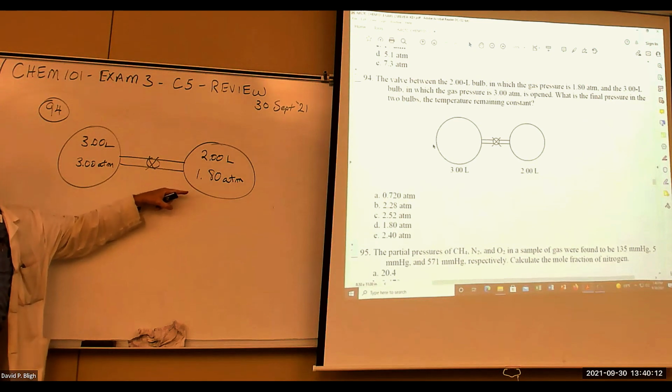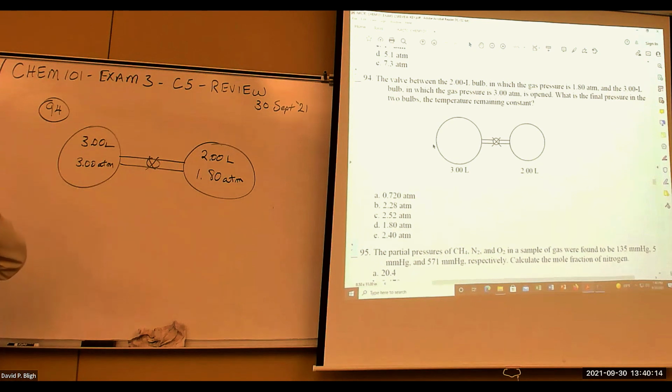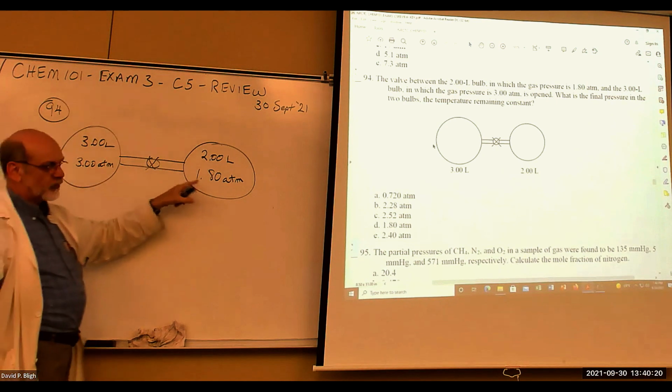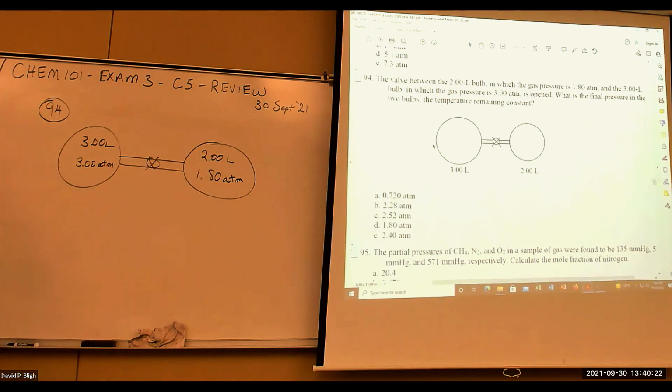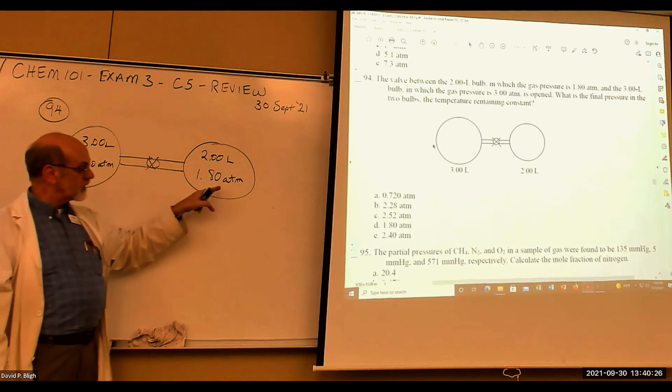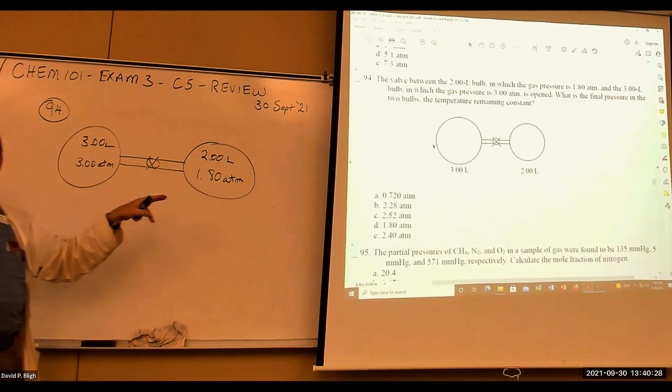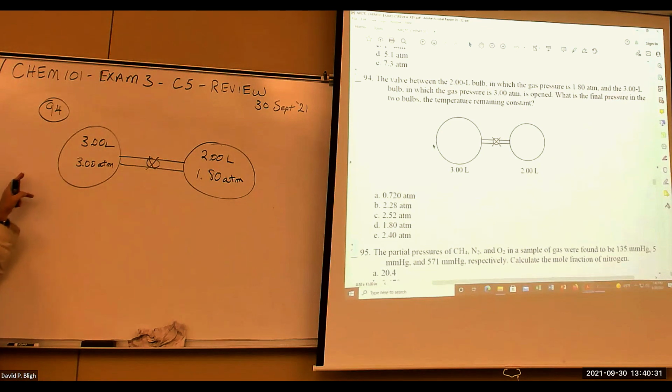High pressure to low pressure until it equalizes. So the final pressure, qualitatively speaking, should be somewhere between 3 and 1.8. If you work this problem the way I'm going to show you and get a value less than 1.8, you know it's wrong. You get a value greater than 3, you know it's wrong. It's got to be between.